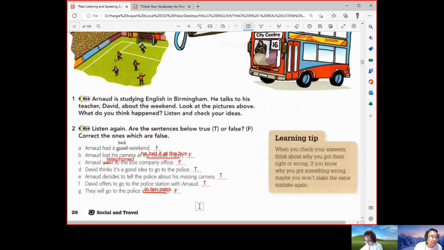Okay, sorry, we cannot hear this one anymore because it doesn't have a CD in here. Now, learning tip in here: when you check your answers, think about why you got them right or wrong. If you know why you got something wrong, maybe you won't make the same mistake again.